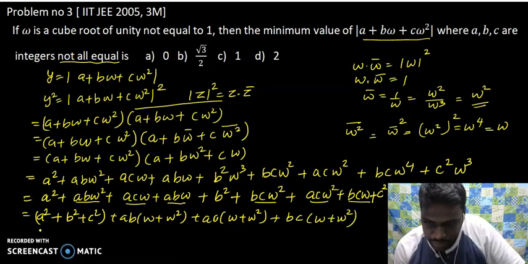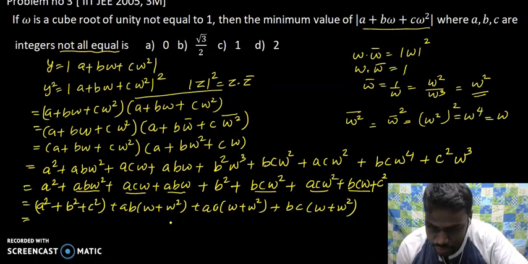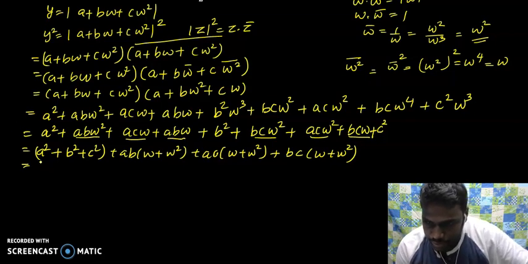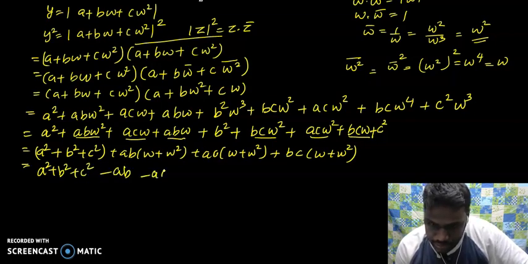Now what is omega plus omega squared? 1 plus omega plus omega squared is 0, so omega plus omega squared becomes minus 1. So this becomes a squared plus b squared plus c squared minus ab minus ac minus bc.